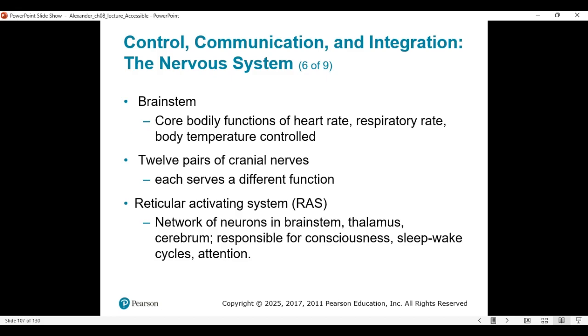We have cranial nerves. There's 12 pairs, and each one serves a different function. The RAS, or the reticular activating system. The network of neurons in the brainstem, thalamus, and cerebrum, responsible for consciousness, sleep wake cycle, and your attention.